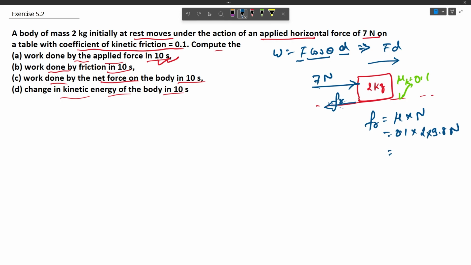So it will come out to be 1.96 Newton. So according to force equilibrium, the net force that would be acting on the 2 kg body would be 7 Newton minus 1.96 Newton. Magnitude of F net would be this, and that will be equal to 5.04 Newton.